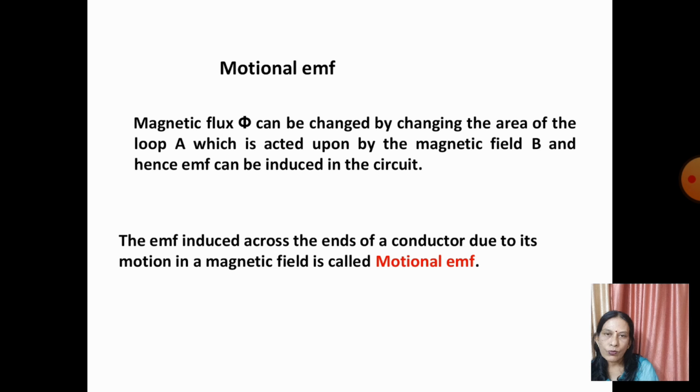The conductor is moving, as the conductor is moving the area is changing, and as the area is changing, the magnetic flux is changing. So the induced EMF which develops is known as motional EMF. Why has it been given the word motional EMF? This is an induced EMF, but why are we calling it motional EMF? Because it is due to the movement of the conductor so as to change the area of the loop.